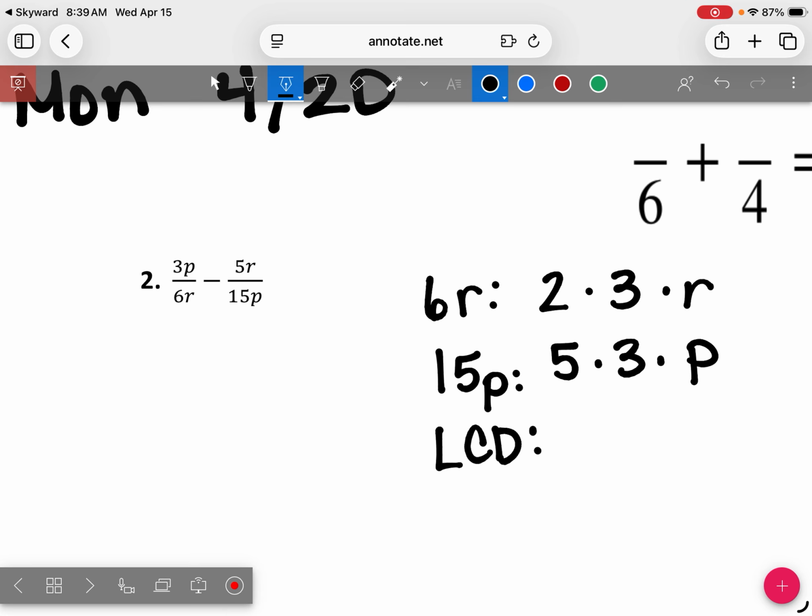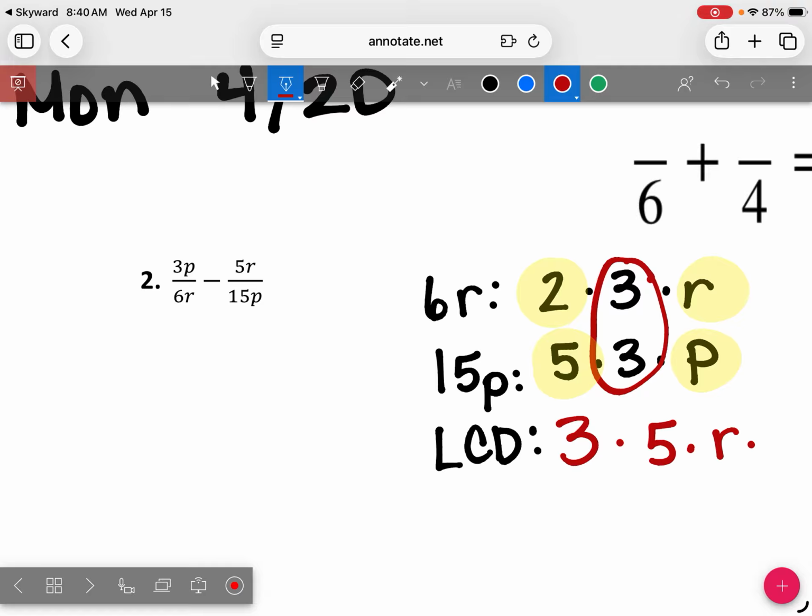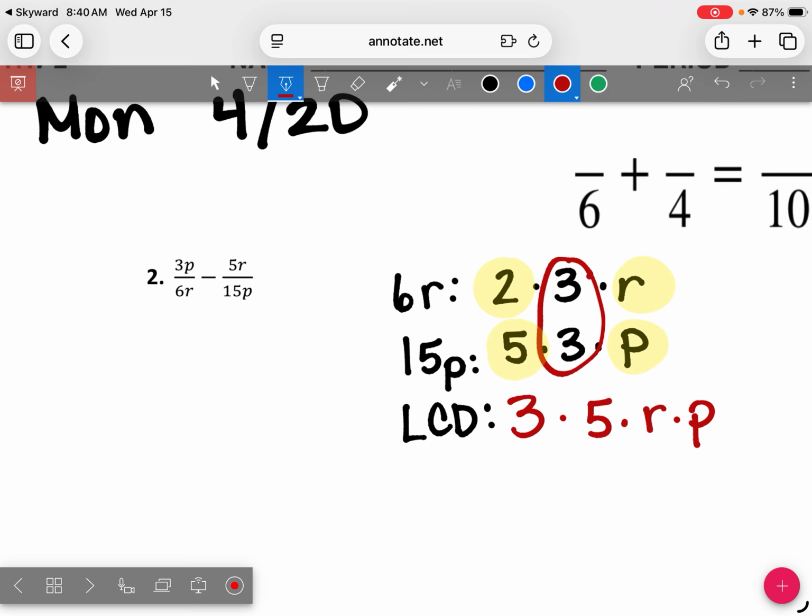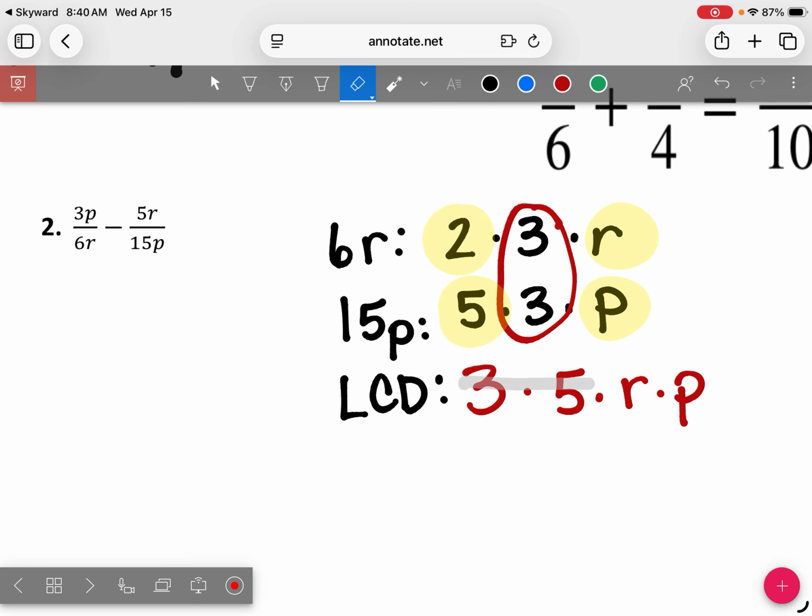So let's build our LCD. This is the most important part. The first thing you do is look for what they have in common. They both have a 3 in common. So that's going to go in my pot. And then everything that they don't have in common has to go in too. I didn't put in the 2. Hold on. Let me erase that and do that again.